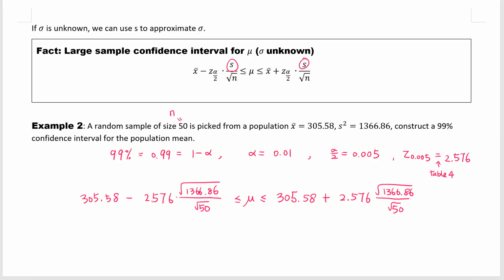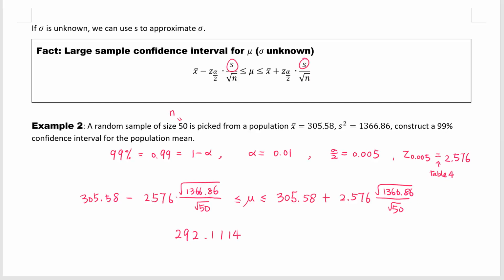Okay, so let's plug this in our calculator. 305.58 minus 2.576 times square root 1366.86 divided by 50. Okay, I get 292.111387.